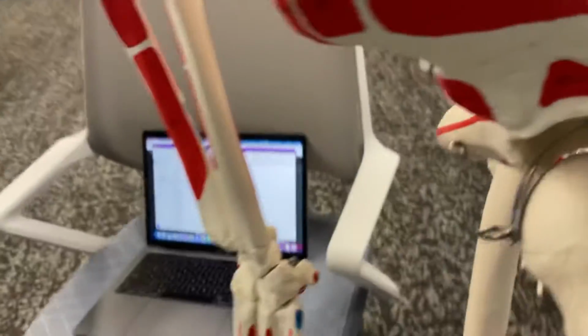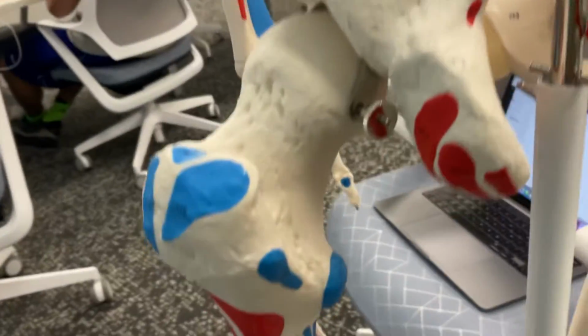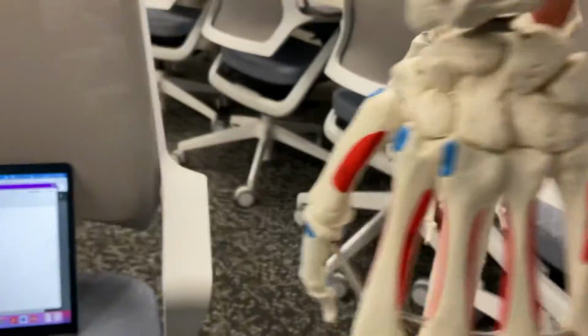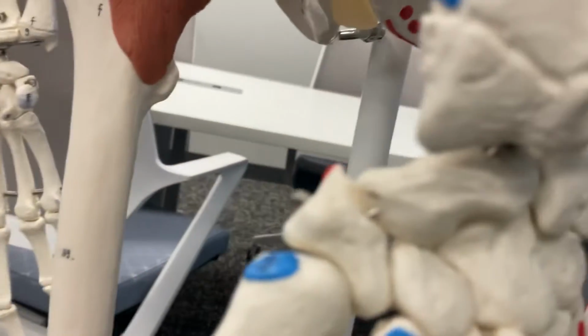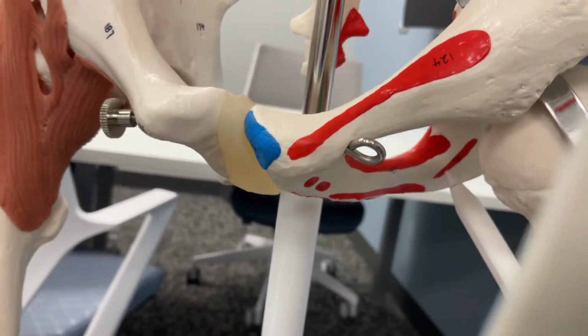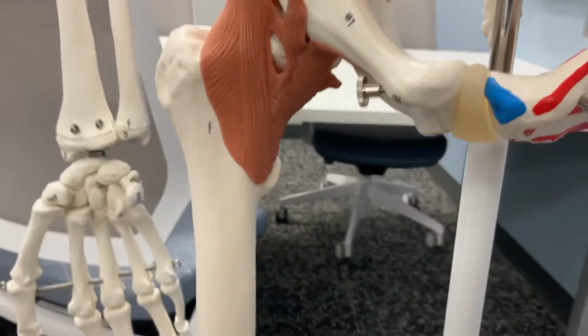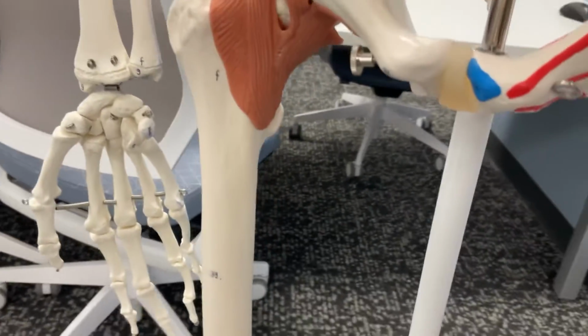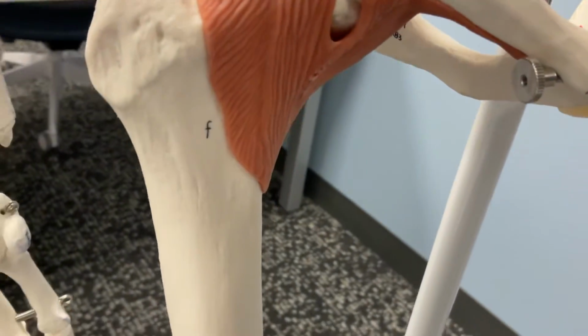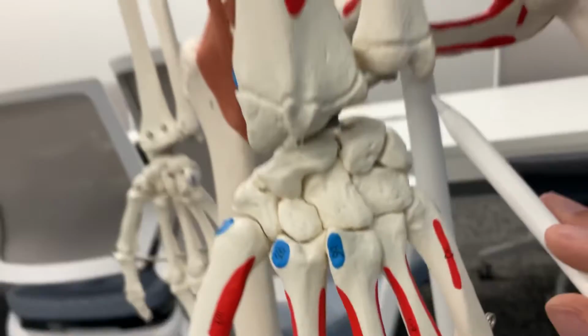120, we have the quadratus femoris, which is right there. 125, we have the adductor longus, which is right here.